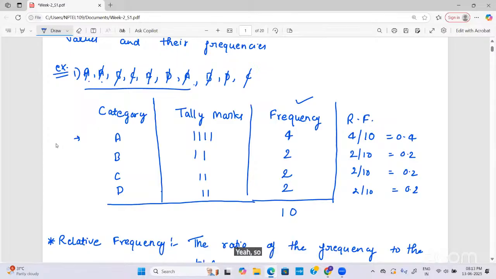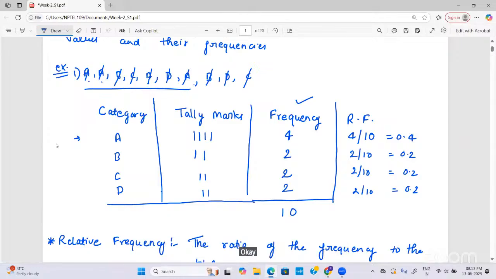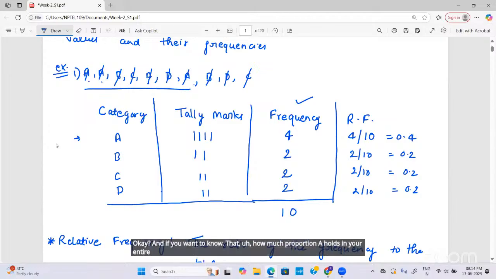Normal frequency will tell you the count of that particular category. If you want to know how many A are present in the data set, you can say that 4 A's are there. And if you want to know how much proportion A holds in your entire data set, then you can see that 40% of the weightage is occupied by A.